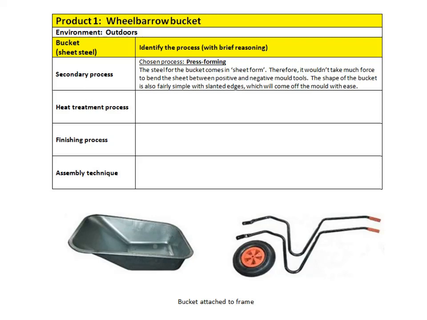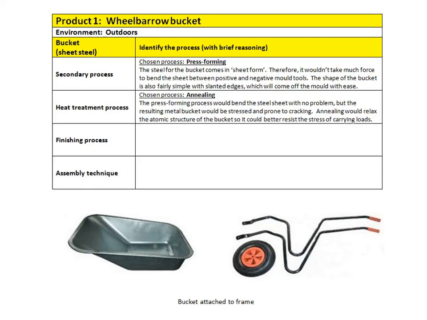By heating it to 800 degrees C and letting it cool naturally, it will allow it to sort of get used to its new form, and then it will be able to withstand all of the treatment it will receive on a building site or in the garden without breaking. So I've chosen annealing, and I've mentioned in my answer that it will be more resistant to carrying the stress of loads now that it's relaxed. So I'm quite happy with those 2, they make sense.